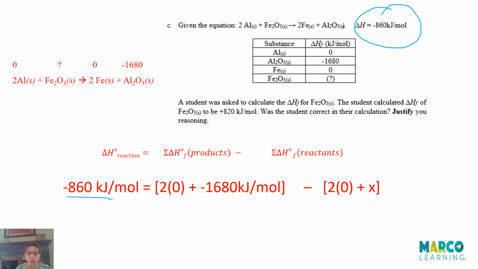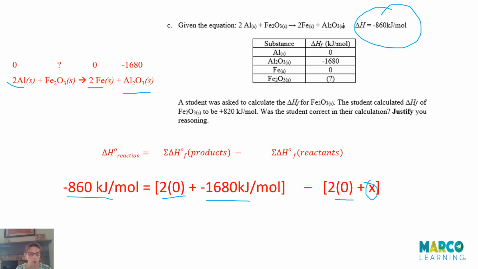And when we do the products, that's 2 irons, so it's 2 times 0, plus the aluminum oxide number. There's our negative 1680. So there's our products, minus the heats of formation of the reactants. It's 2 times 0 for the aluminum, plus the number that we're looking for, the one for iron 3 oxide, which is right here, the X.